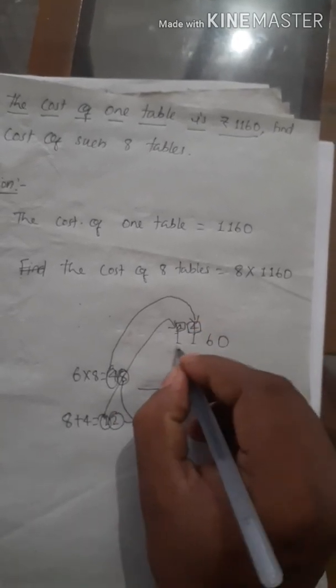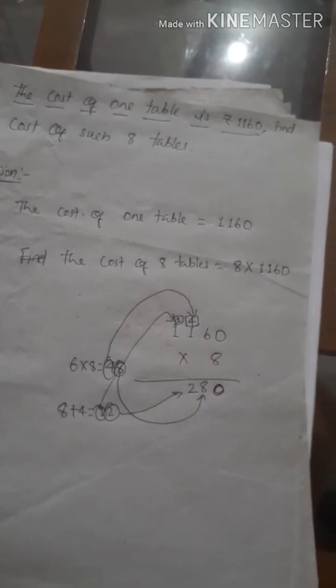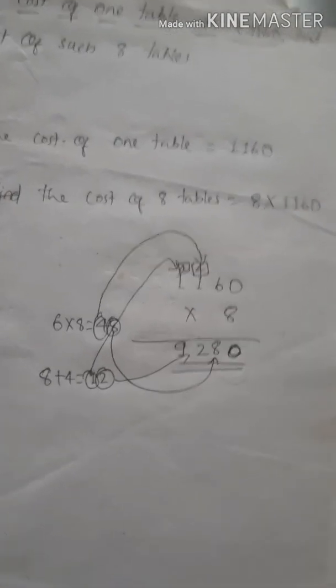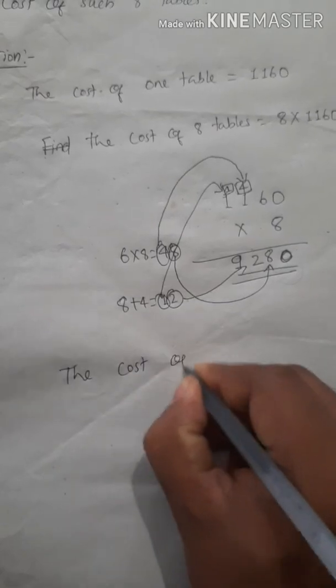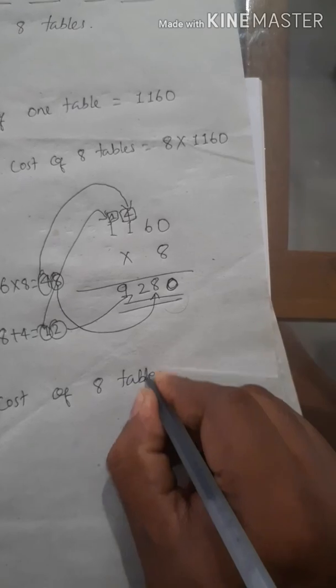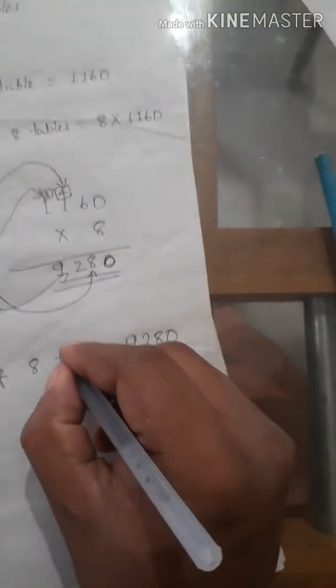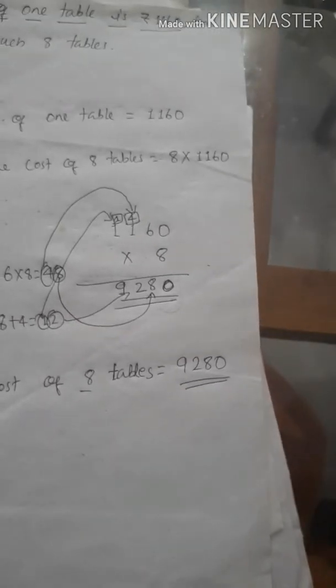Understood? 1 into 8 is 8. 8 plus 1 is 9. So the answer is 9280. The cost of 8 tables is equal to 9280.